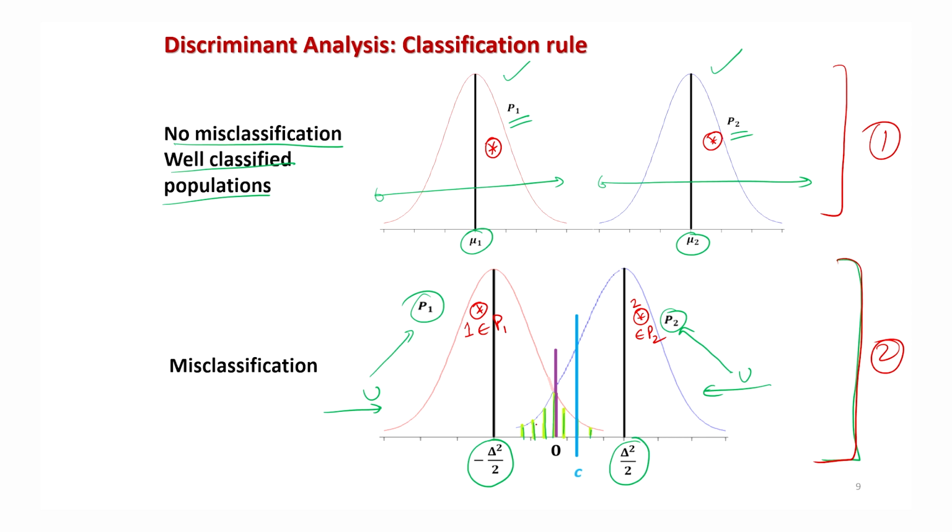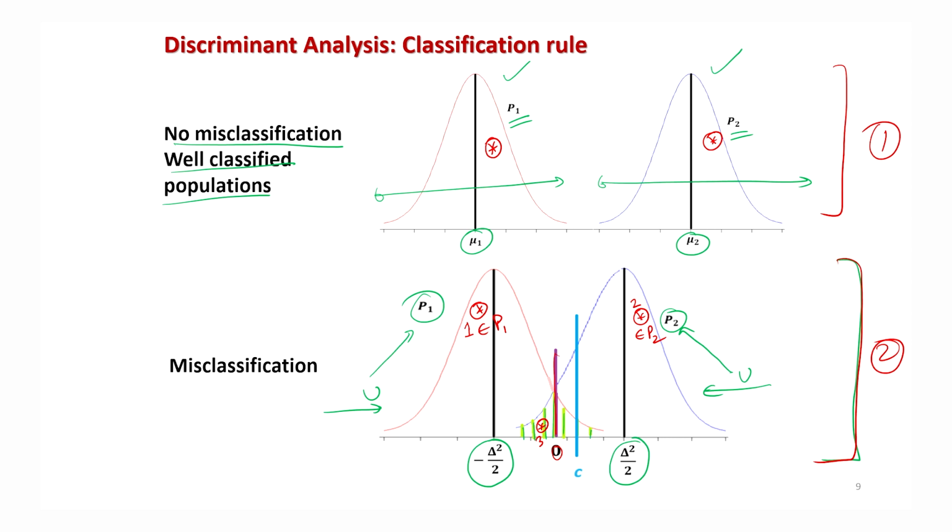But in case the observation is somewhere here, suppose this is point number 3, you cannot say by looking at it whether it belongs to population P1 or P2. And somewhere it is here, 0, and we would like to then compute or estimate the probability of misclassification. And based on that, we will try to create a decision rule.